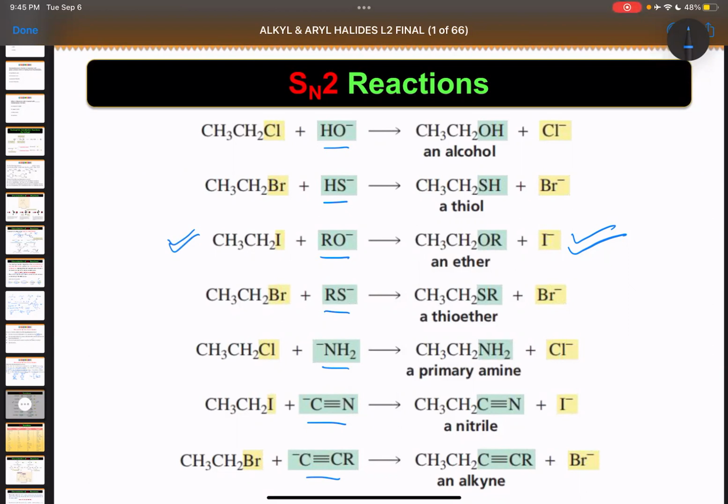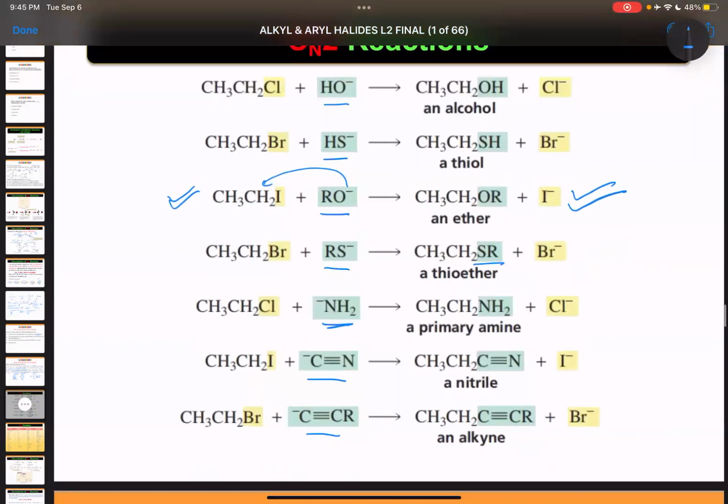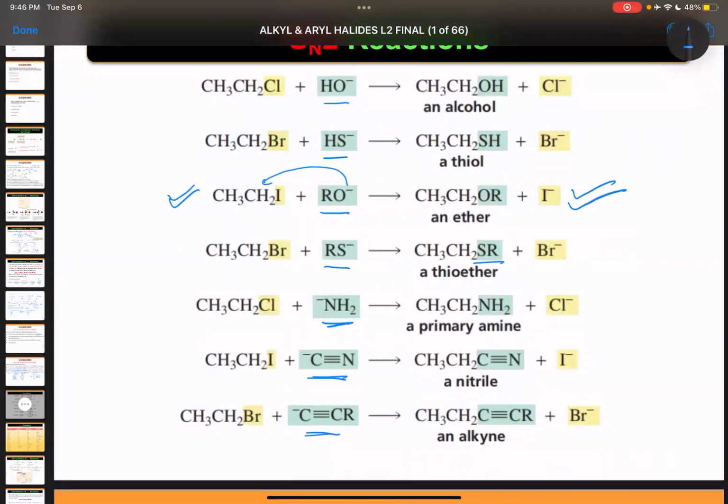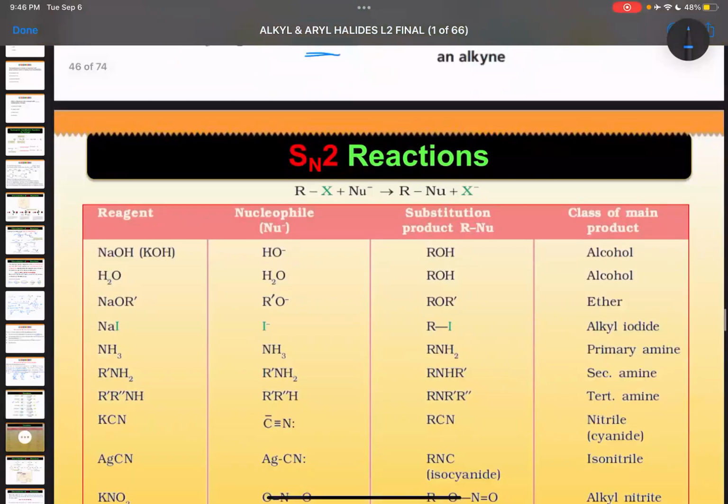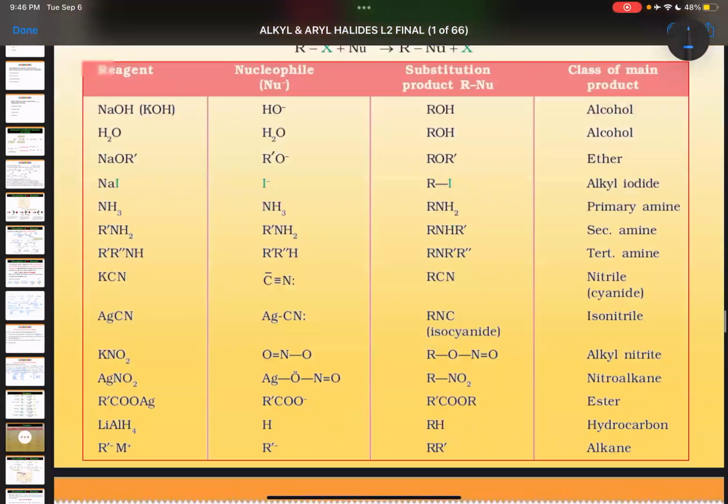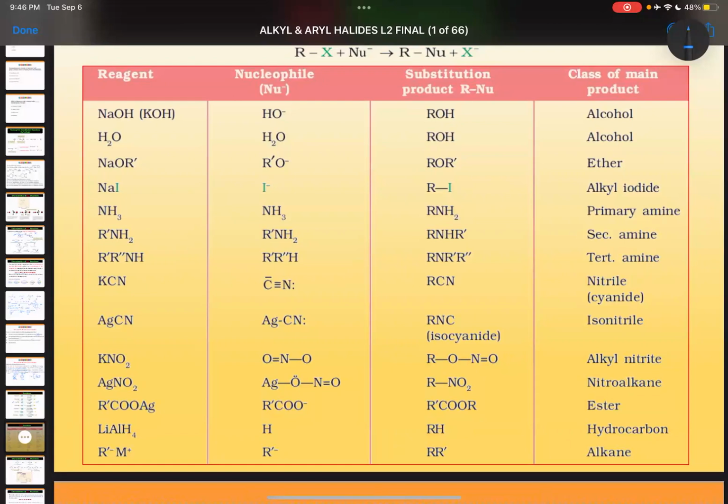Williamson ether synthesis. Yeah, it is Williamson ether synthesis, right? And this is thioether, and this is amine preparation. So a lot of reactions are there, and this is the table from NCERT. I hope this is clear, because many times questions come on this.